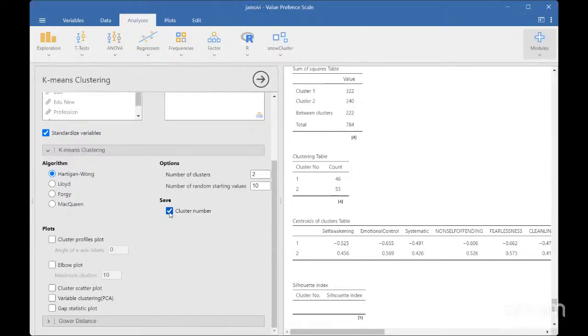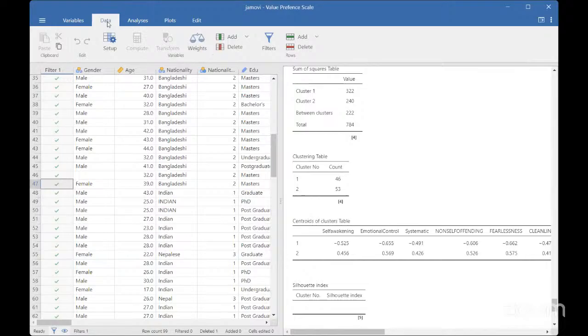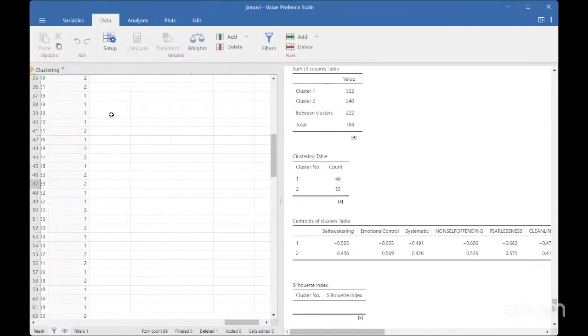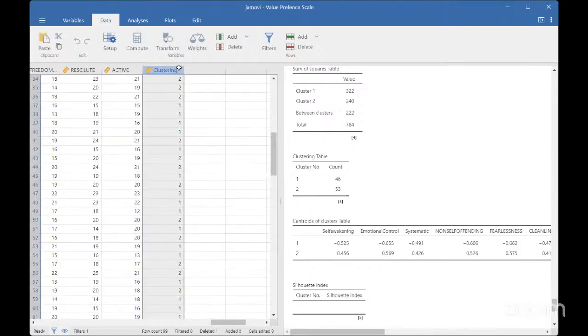Okay, now you click the data. And last will be the cluster, last column. Yes. So you can identify the people to whom you will give the counseling.